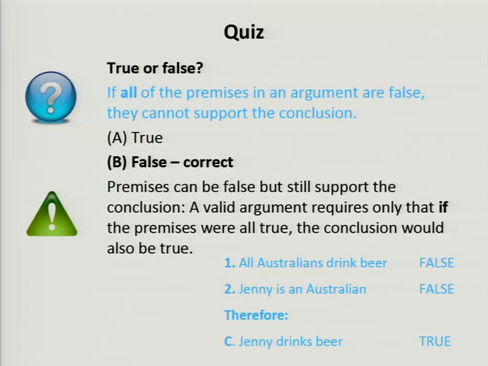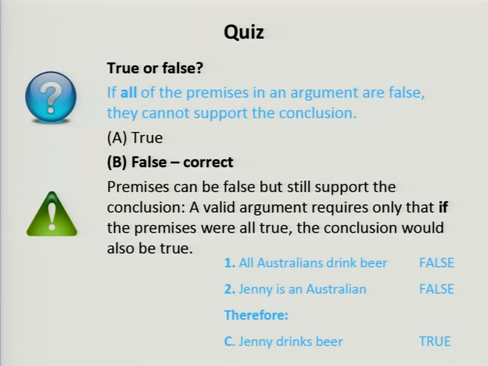We can see this with one example that hopefully will convince the people who opted for option A. So all Australians drink beer. Probably not true. There are probably some exceptions to the rule. Jenny, so me, is an Australian. This is also false. I'm not. Therefore, Jenny drinks beer. I do, every once in a while.